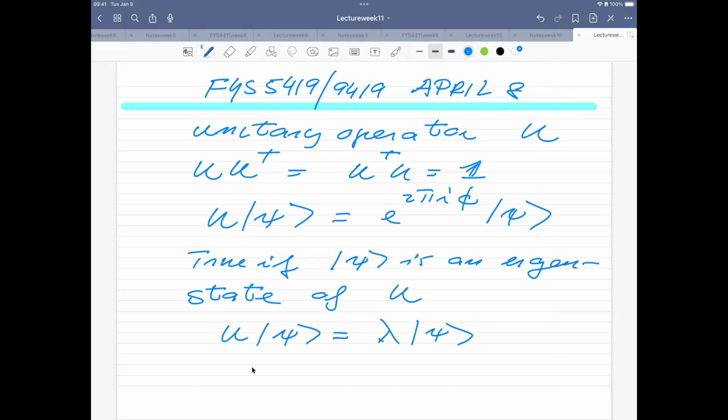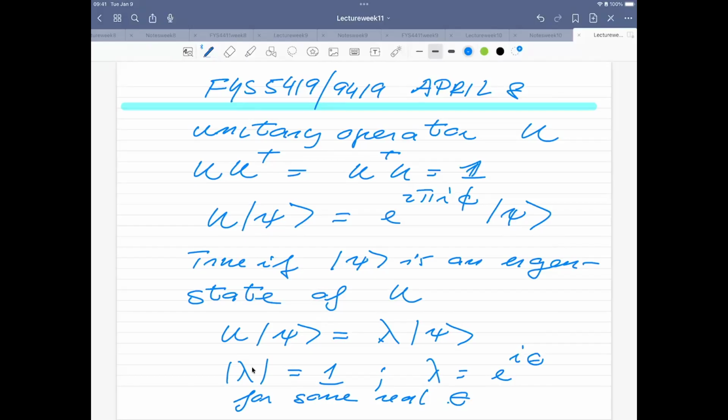And we know that for a unitary operator, we must have the absolute value of lambda equal to 1. So that means simply that lambda is equal to e to the i theta for some real theta. So let me just show that to you so that you see that that is the case.